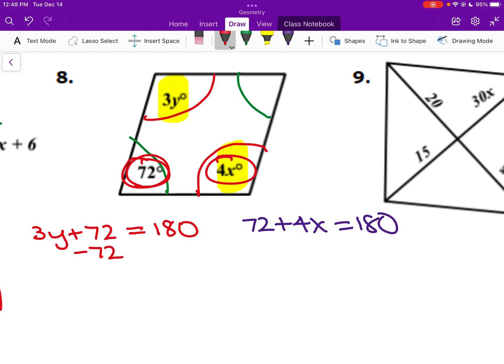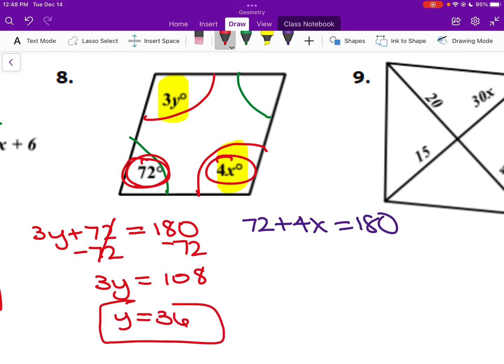So over here, if I subtract 72 from both sides, we get 3y equals, and if I take 180 minus 72, I get 108. Divide by 3, so we should get 36 for y. And then I'm solving my other equation for x.